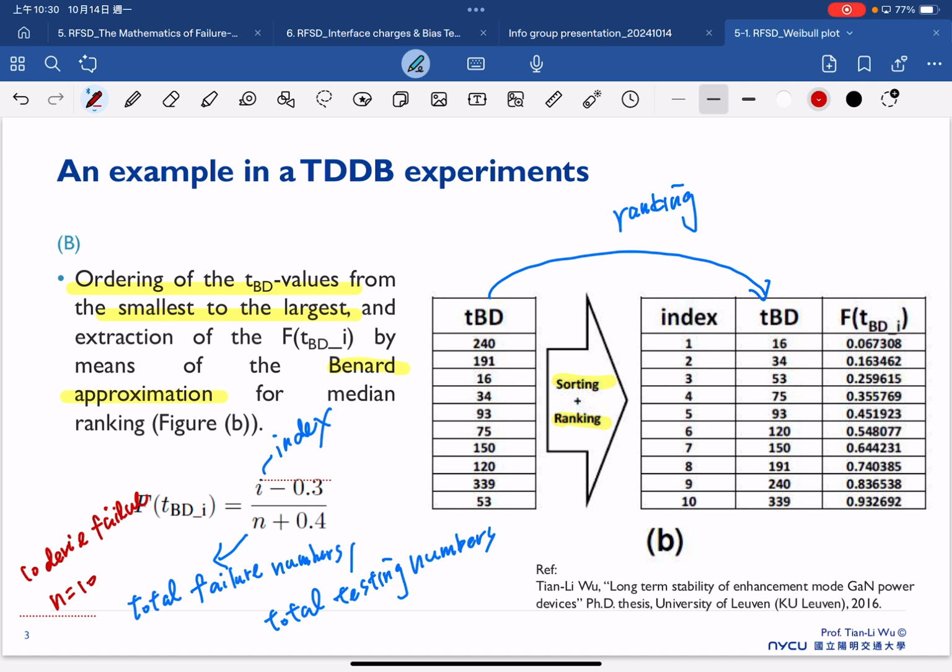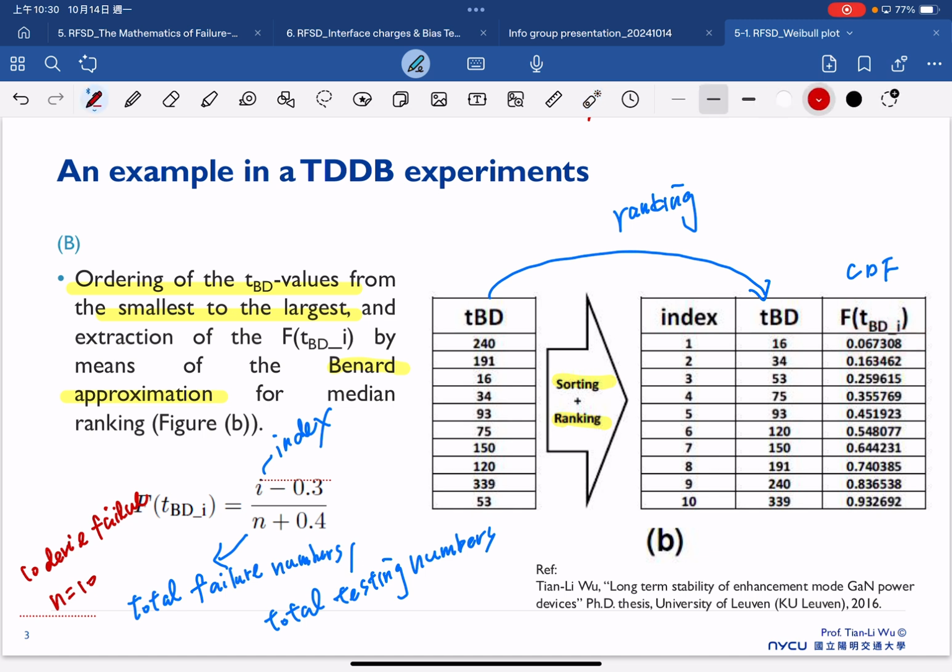So now our goal is to calculate the CDF. So this is the CDF. Then the first data, this one, the first CDF can be easily calculated.